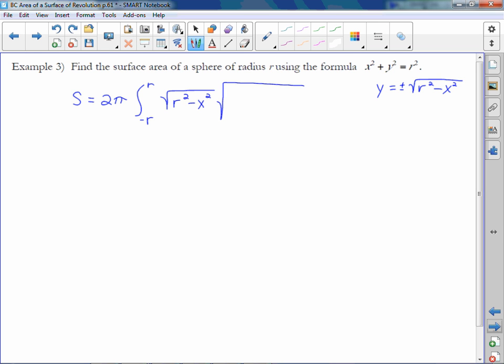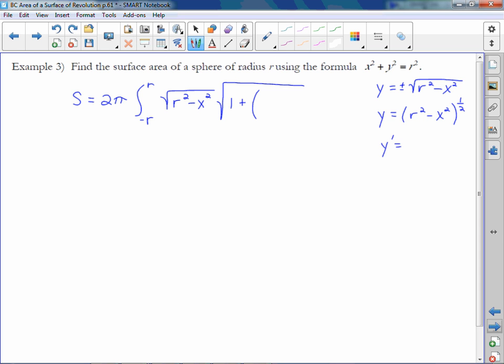And then our arc length is going to be 1 plus, now the derivative of this thing. We're going to be using the chain rule. Well, not yet. Let's go ahead and write it as r squared minus x squared to the 1/2 power.